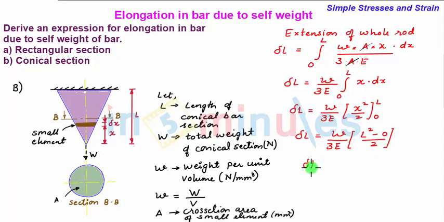So the expression for elongation in the conical section bar due to self weight is WL square by 6E.